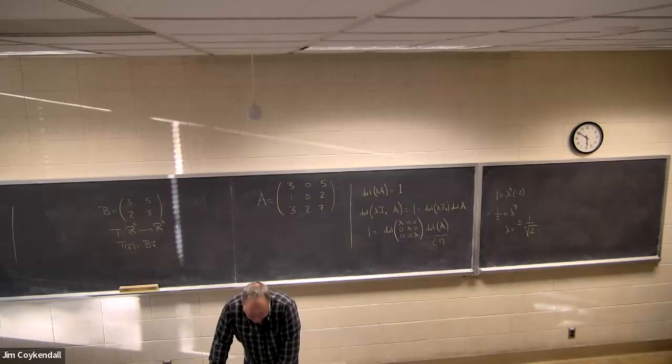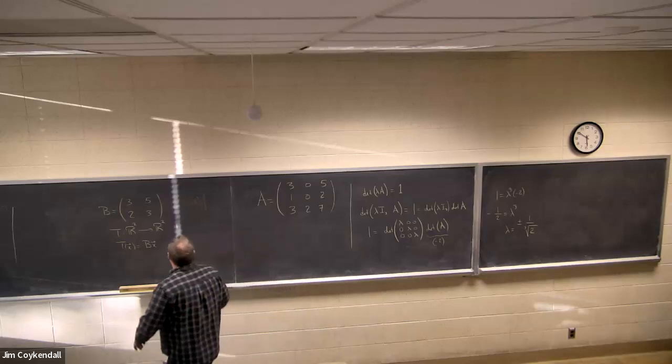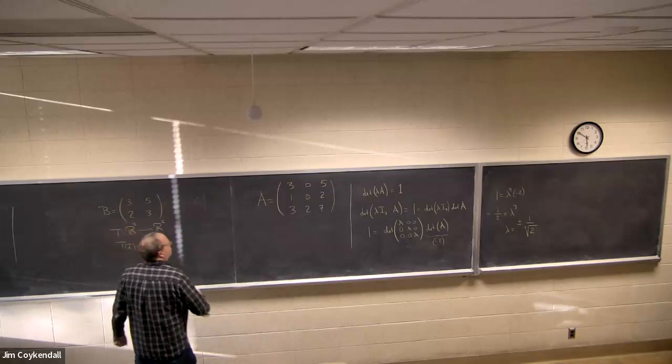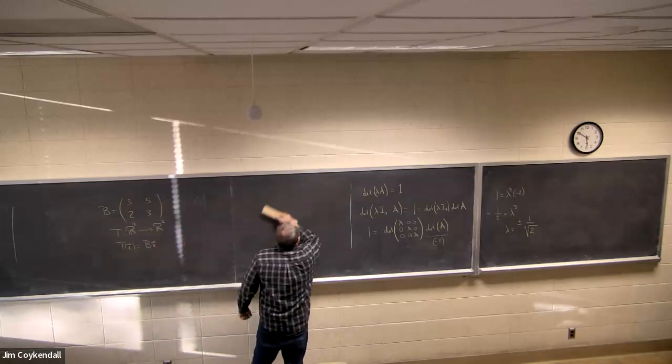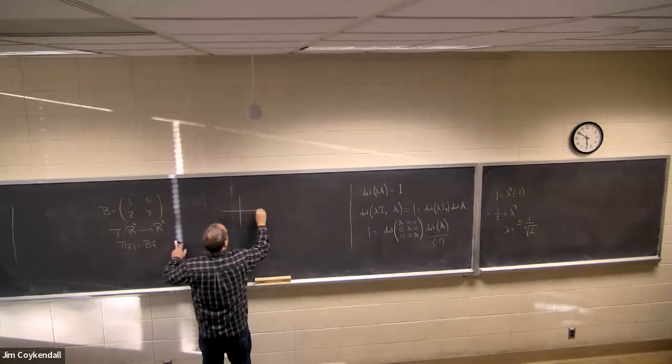Okay, so the first question is: C denotes the unit circle x squared plus y squared is 1. Describe the image of the circle under T. So write an equation for this. Well, here's what happens. You start with the unit circle in the x-y plane.